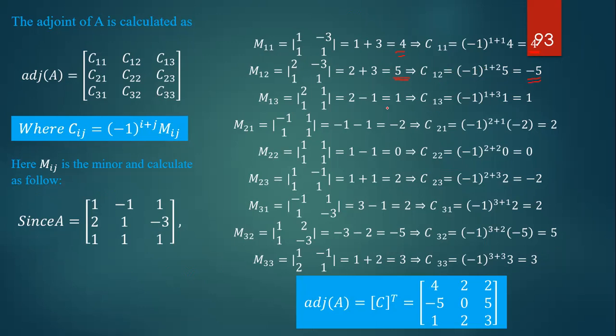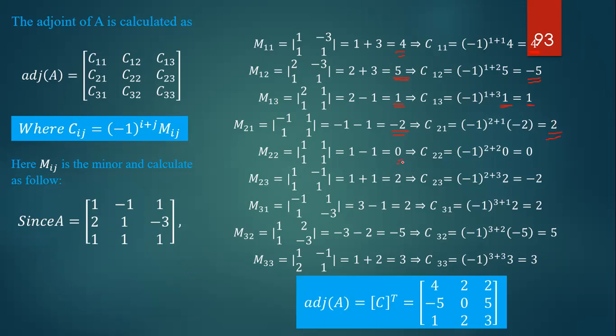For C13, M13 is equal to 1, and 1 plus 3 is 4. For the even case it is positive, so it is 1. Minus 2: 2 plus 1 is 3, the odd case, so this will be minus, plus 2.